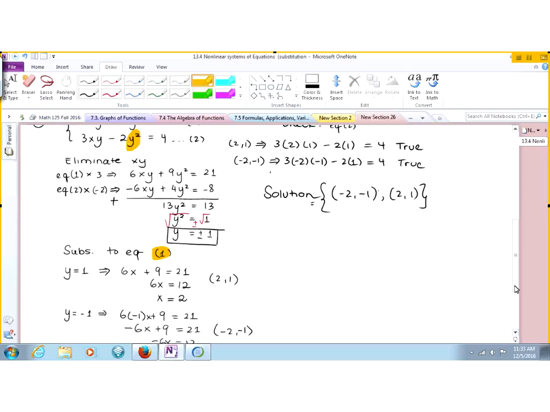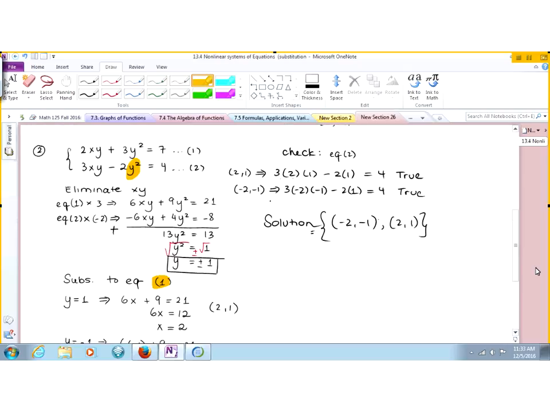Yes, Frank. You substitute into equation 1. What was equation 1? 2 times x plus... Oh! So this is supposed to be 2? Wait, no. How do I get 6, right? Is that what you're asking me? Let me see.